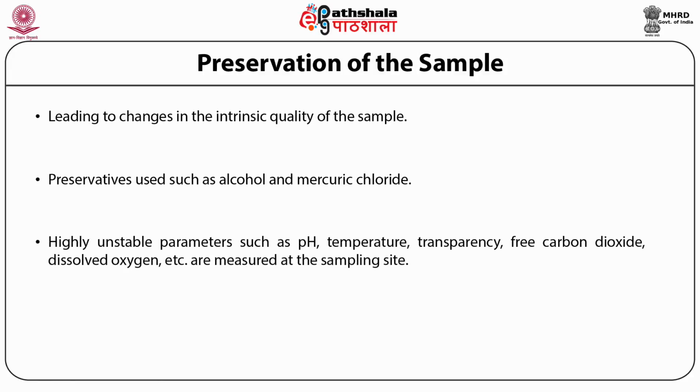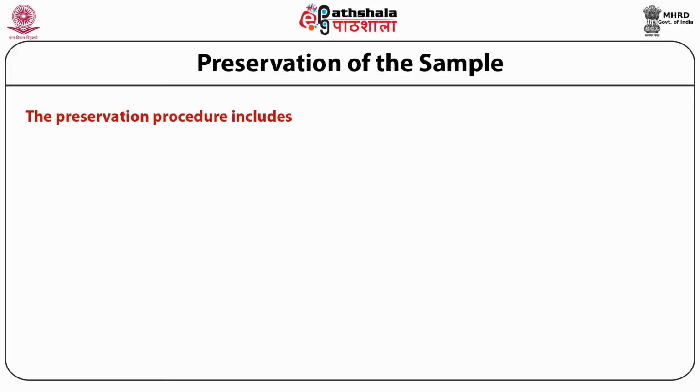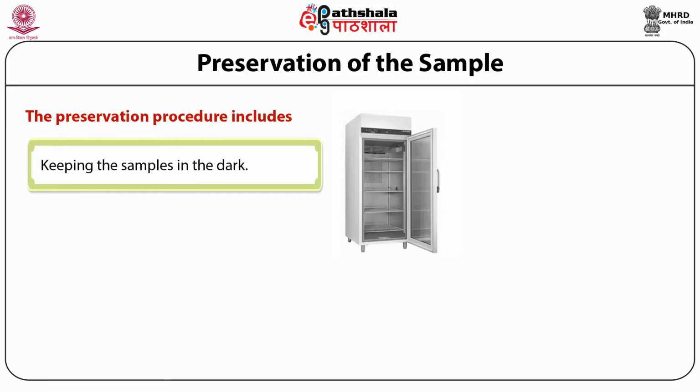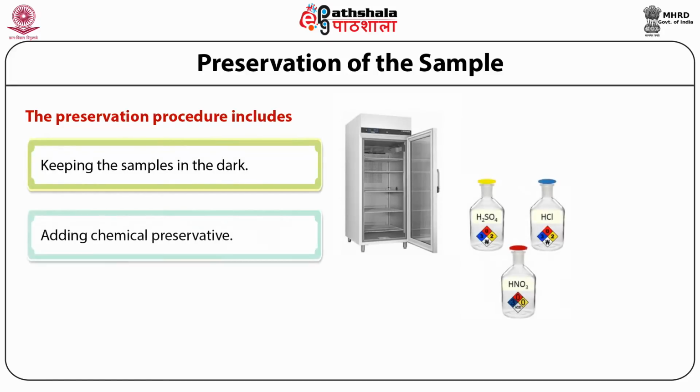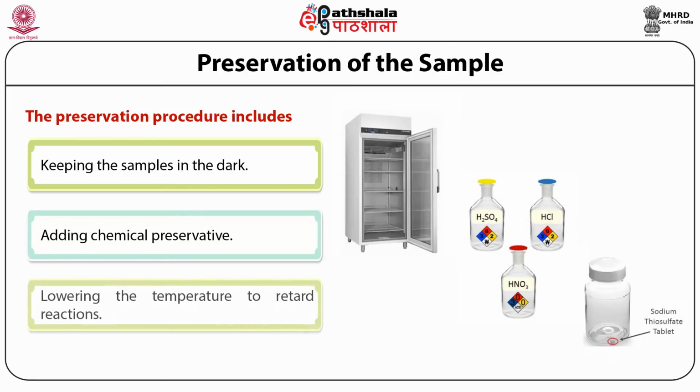Highly unstable parameters such as pH, temperature, transparency, free carbon dioxide, dissolved oxygen, etc. are measured at the sampling site. The preservation procedures include keeping the samples in the dark, adding chemical preservatives, lowering the temperature to retard reactions, or a combination of all these processes.